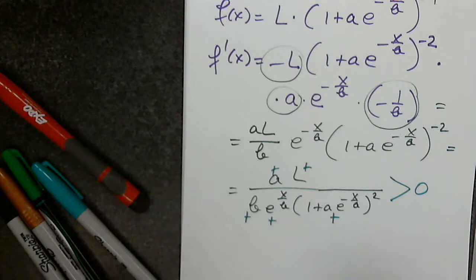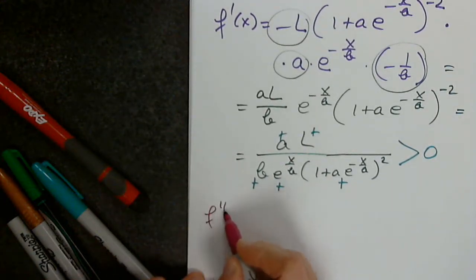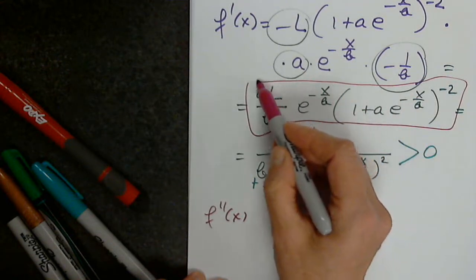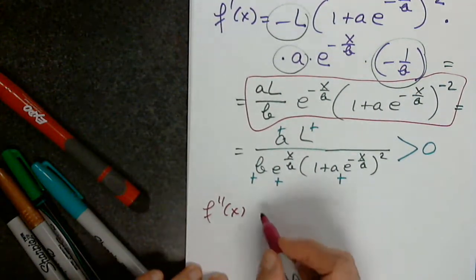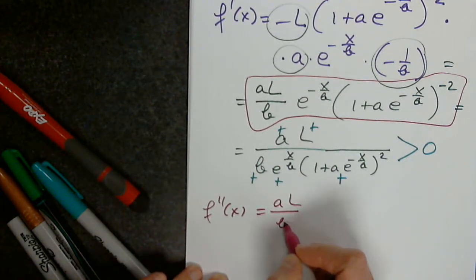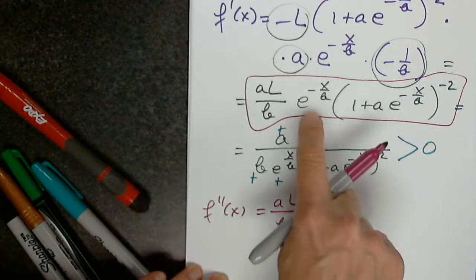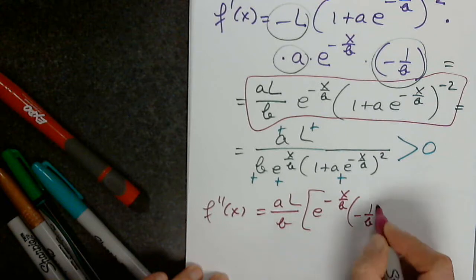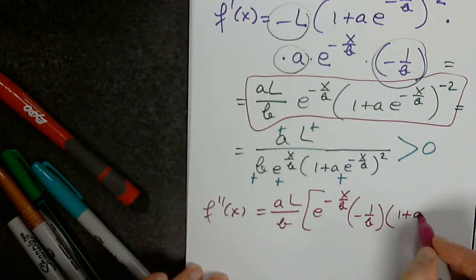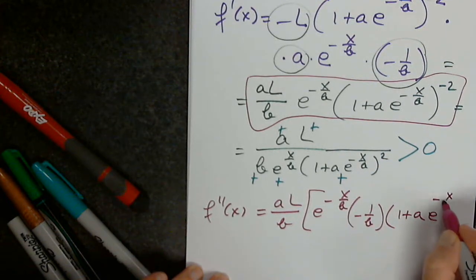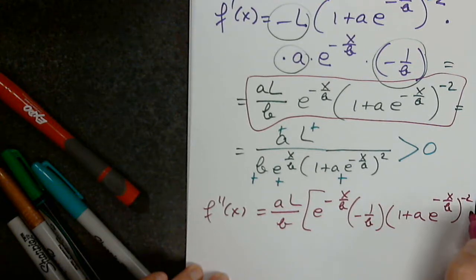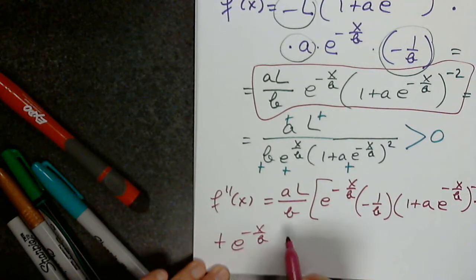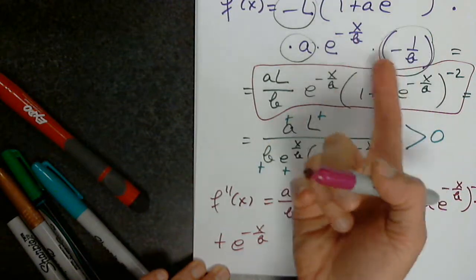Okay, so let's find the second derivative. On this, I have to use the product rule. I have AL over B. This prime is e to negative x over b times negative 1 over b times 1 plus a e to negative x over b to negative 2, plus e to negative x over b times this whole derivative.